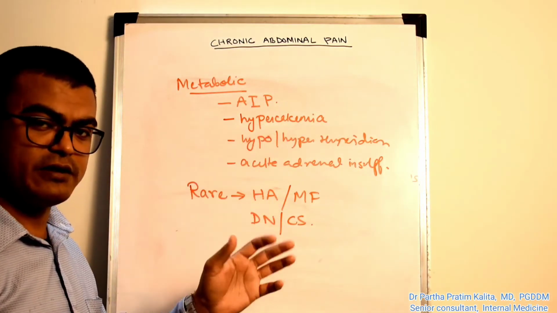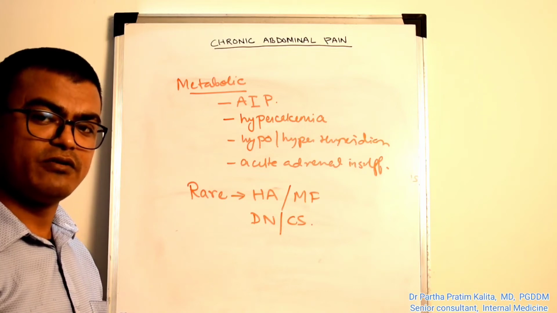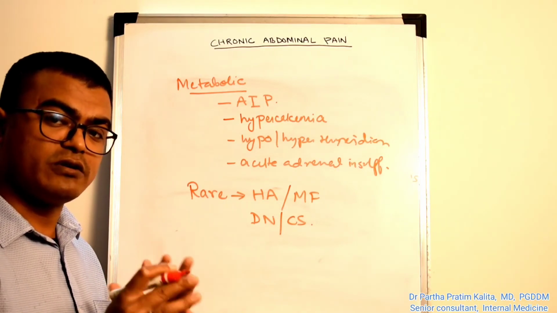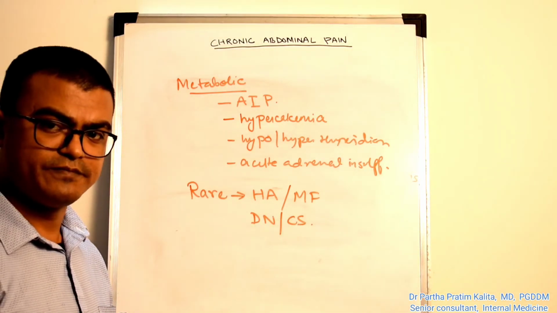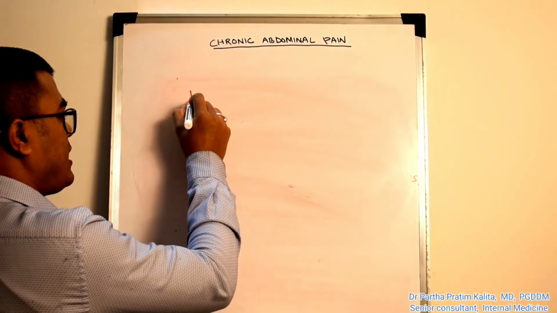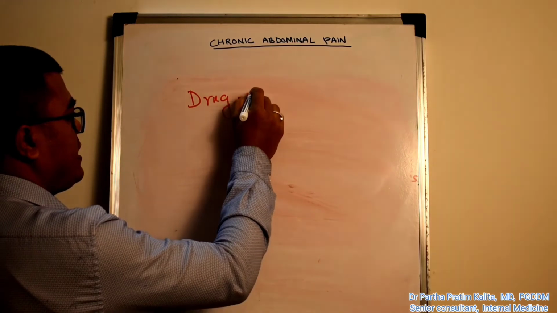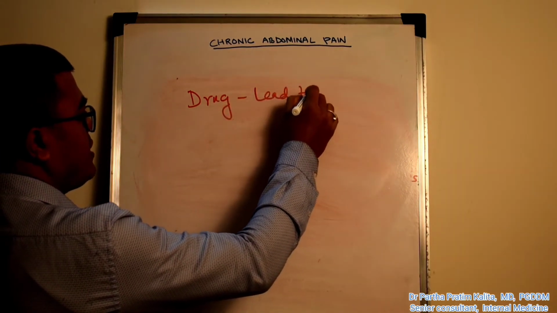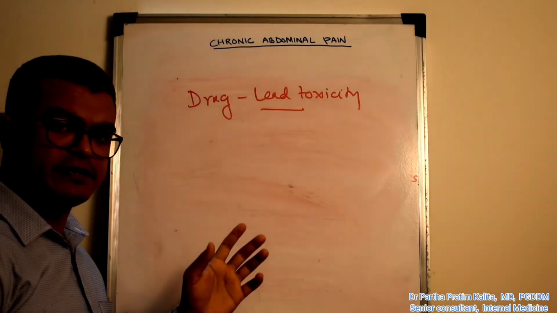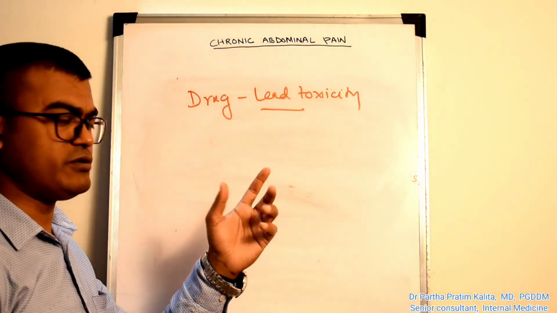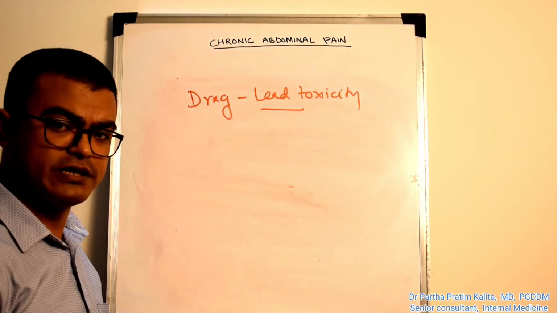So it's important that we rule out all of the metabolic causes if the cause of chronic abdominal pain is inapparent or undiagnosed. Sometimes drug effects like lead toxicity can also cause chronic abdominal pain. So in a patient with an inapparent cause, we have to rule out lead toxicity.